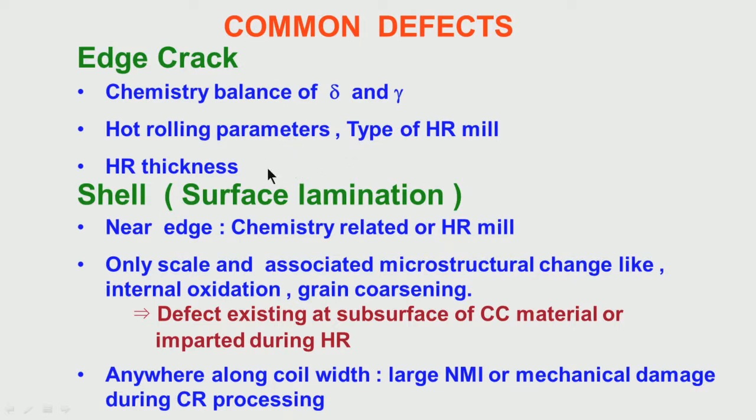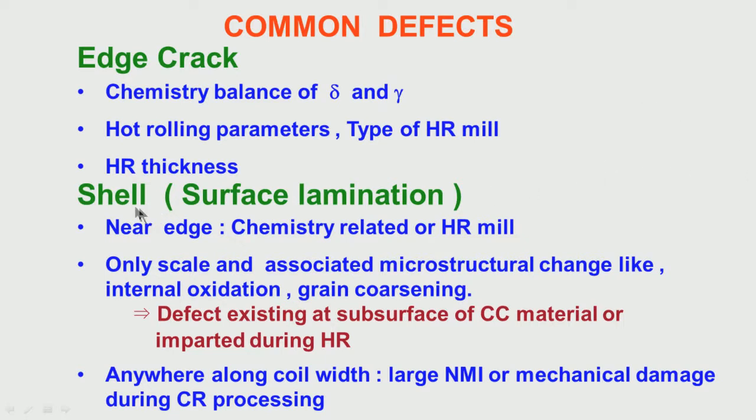If you roll to very thin thickness, there might be this problem. So, if you have a relatively high amount of delta in this particular grade, there is a problem. Chemistry is important from the product quality point of view, and from the processing point of view, the type of mill, the thickness and the rolling temperature are important.